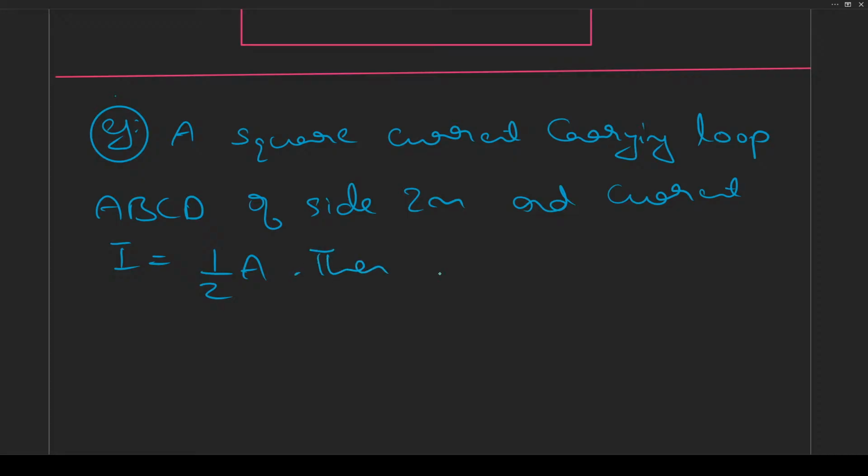Then the magnetic moment M of the loop is.